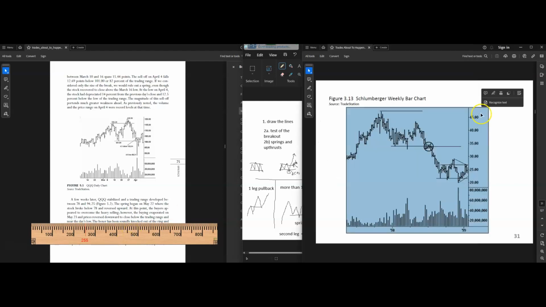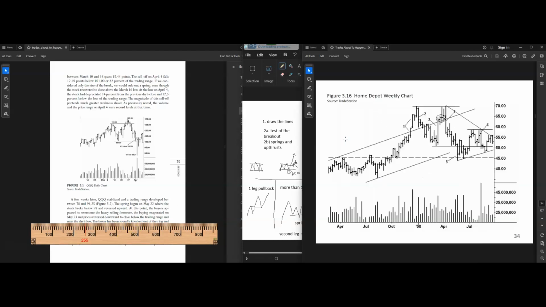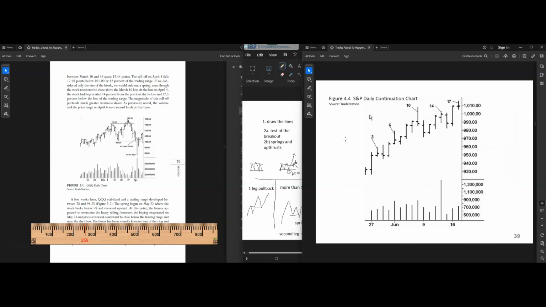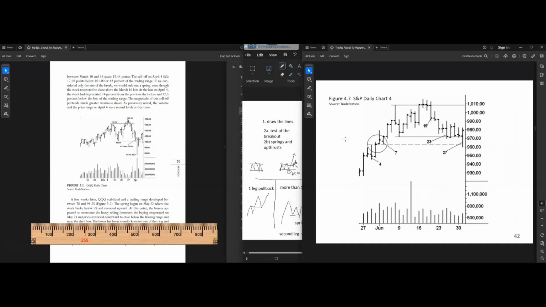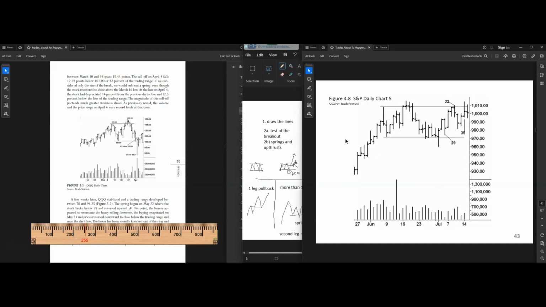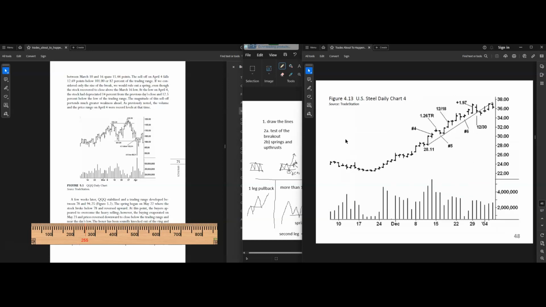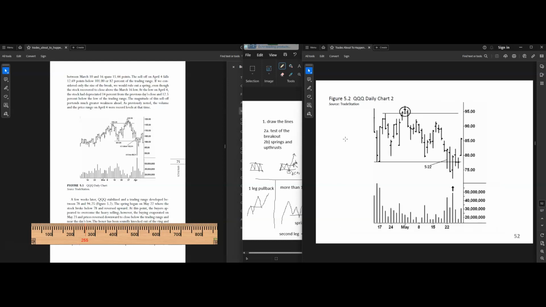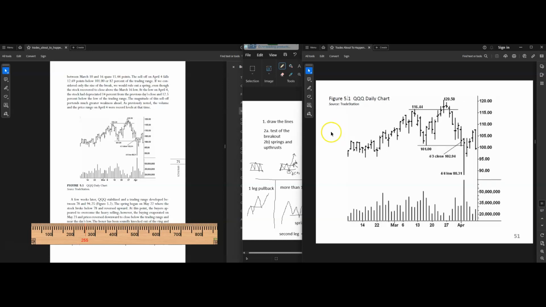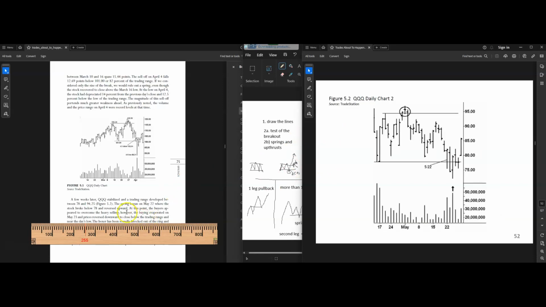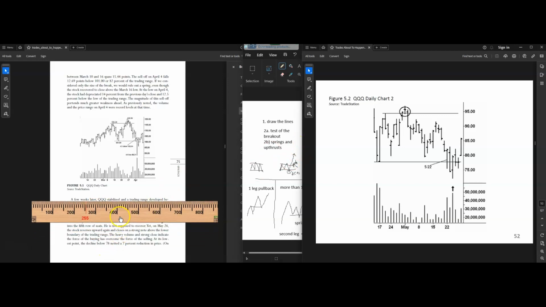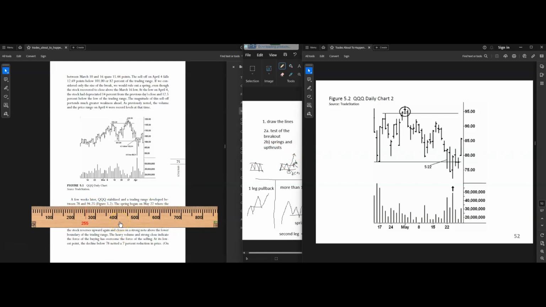Let's go back here. All right, 6. A few weeks later, they stabilized and developed.